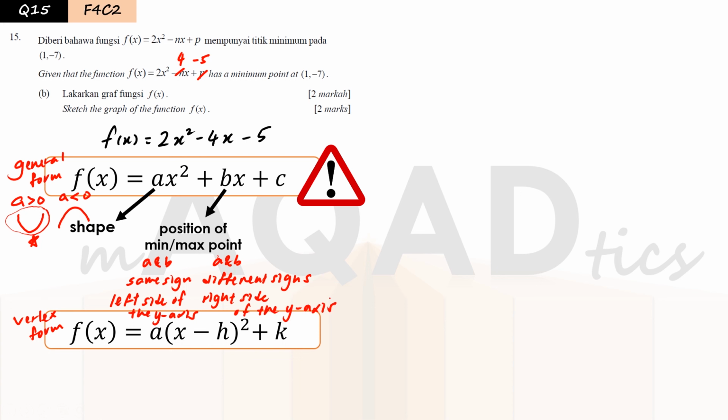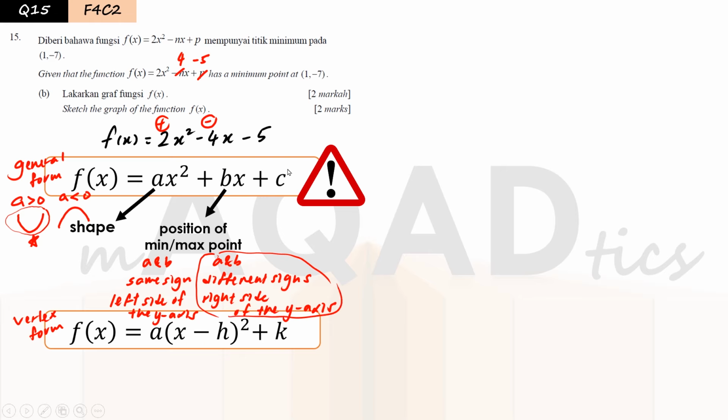Okay, so if we look at the value of A and B now, A is positive, B is negative. So this means that our position of the minimum or maximum point would be on the right side of the y-axis. Okay, so we will be using this.